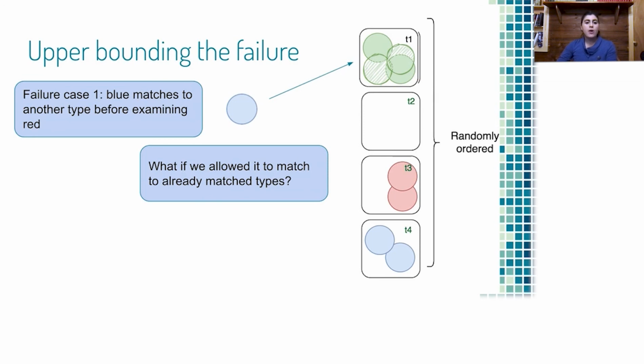So now think about what this failure case is. First of all, this is definitely an upper bound on the failure before. Now we're saying blue could get distracted not just by the actually present green types, but also by ones that it really shouldn't be able to match to. But now this event is actually independent of the match rates in our system because it just depends on the arrival and departure rates of the type T1 according to the Poisson process. And this is independent of everything else, and therefore you can maybe see how we're able to use this to tease apart these failure cases and then actually construct a real probability.